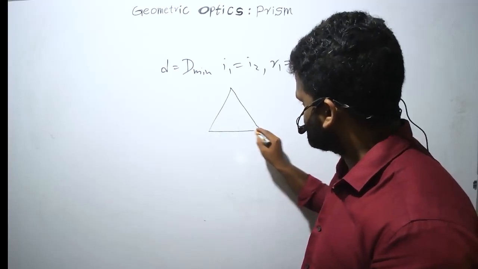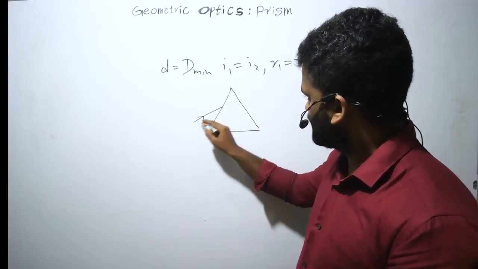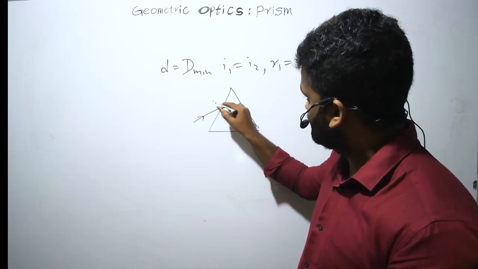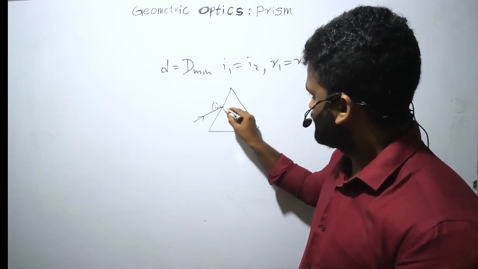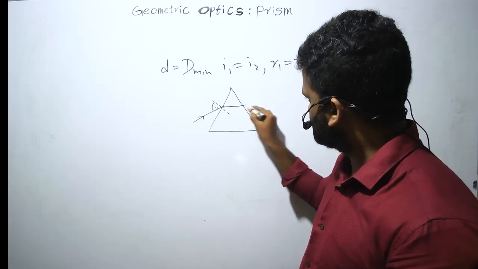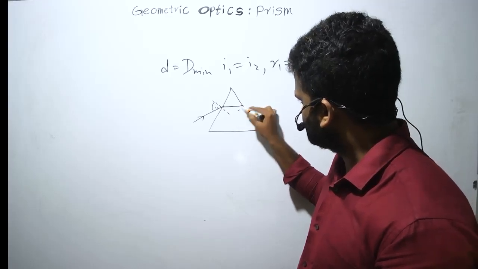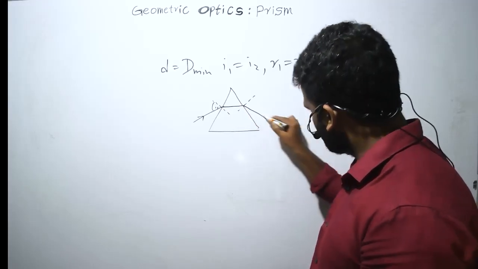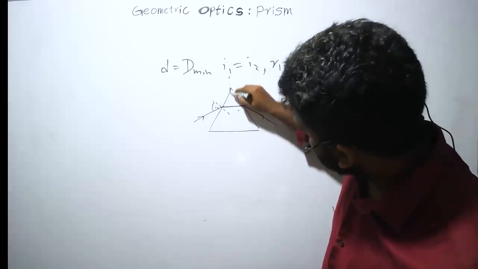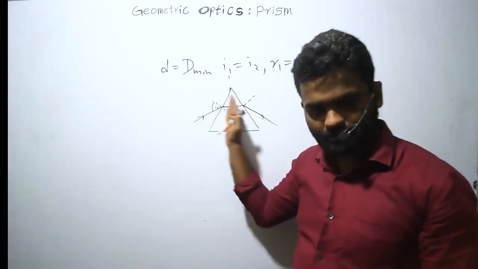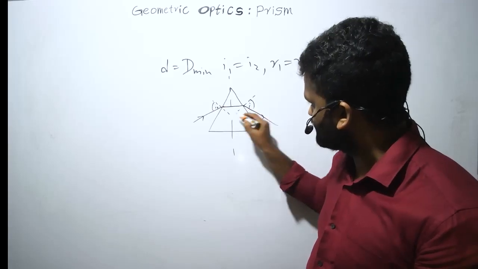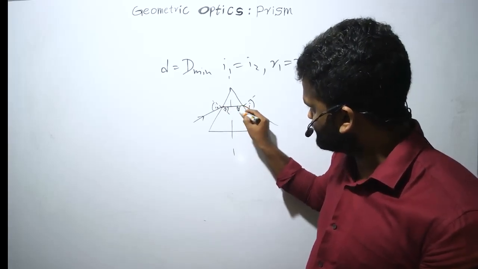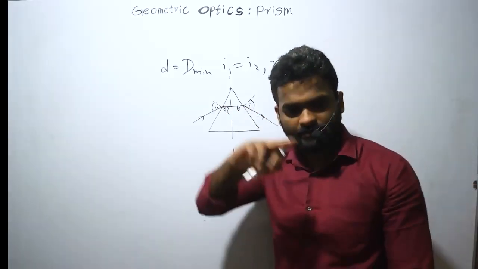There's a symmetry actually. If a ray enters here at I1, this angle is equal at the other side as well, right? And there's a symmetry around this axis. So if it is I, then this also is I. Then this also R, this also R, right? So there's a symmetry.